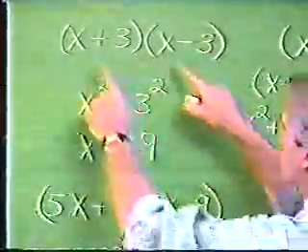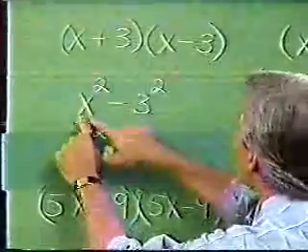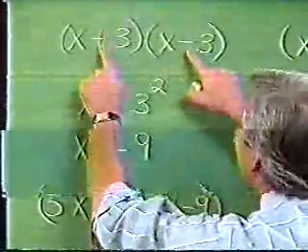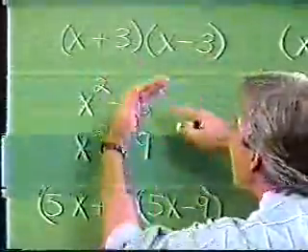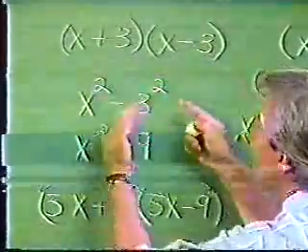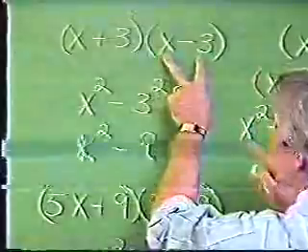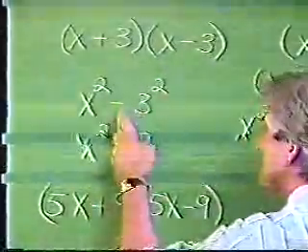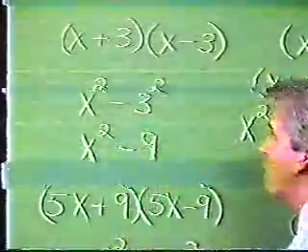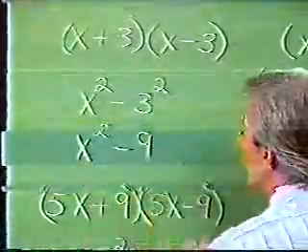So what it turns out to be is x times x, x squared, and then minus, because plus times minus, the square of the last term. So here's how we think about it when we're faced with the sum of terms times the difference of the same two terms. It's simply the first term squared minus the second term squared. And then very quickly we can get x squared minus 9.